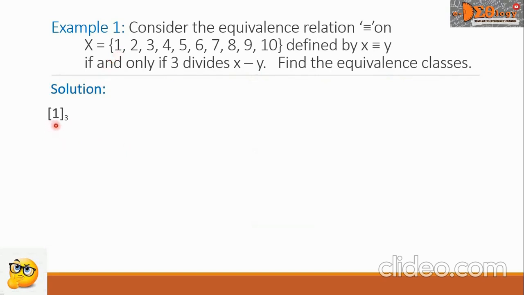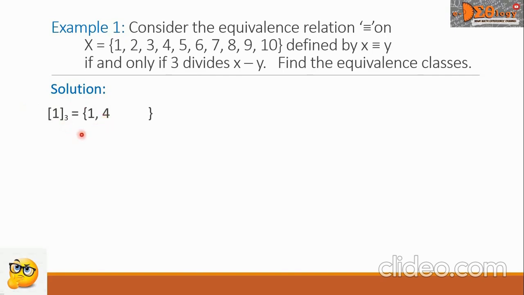Equivalence class of 1 of the relation congruence modulo 3. Writing the first element, that will be this same number 1 will come here. The next element will be 1 plus 3, that will be 4.